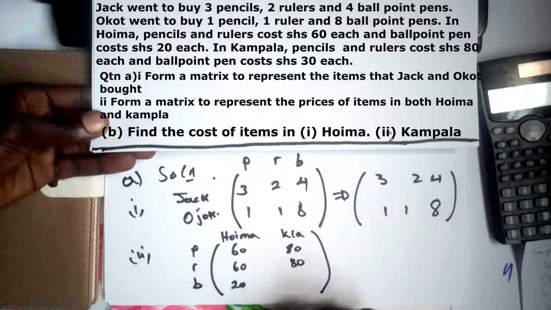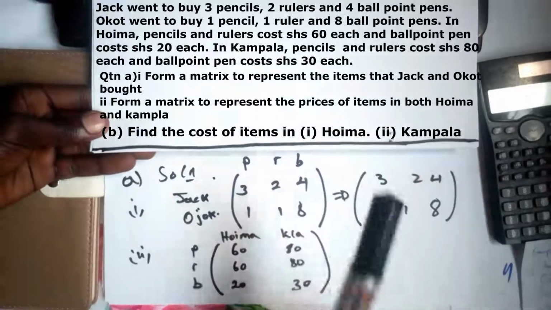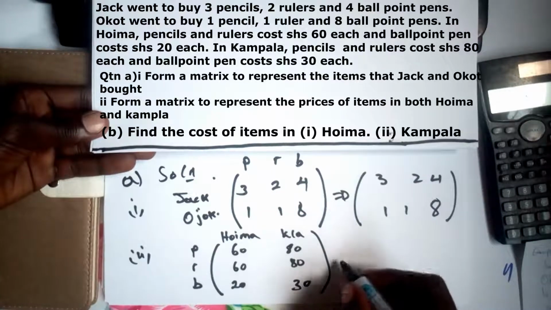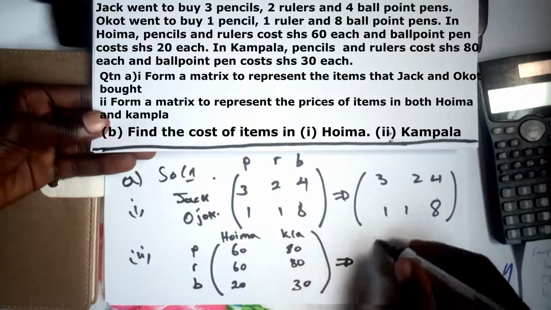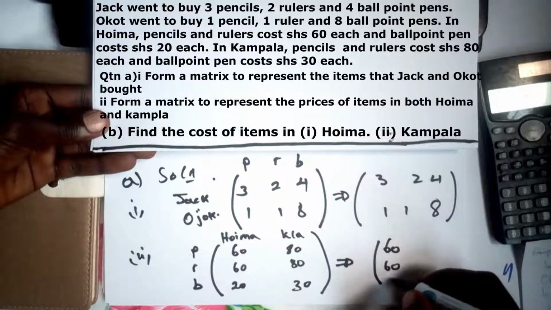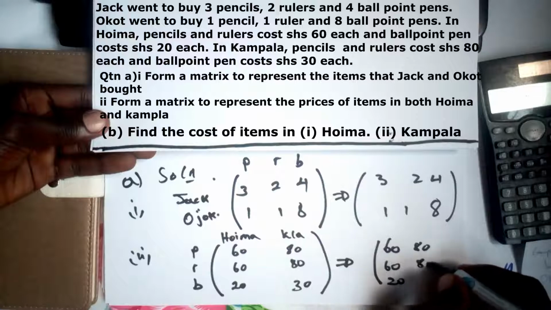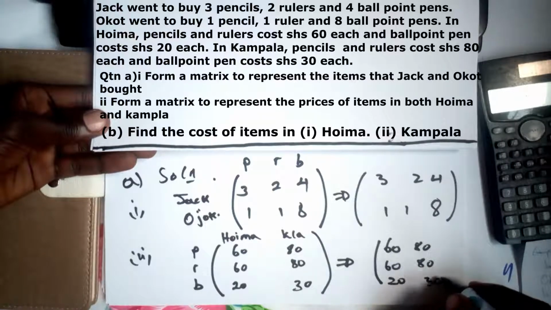Then the ballpoint pen is 30 shillings, if you look at the question critically. So this is the matrix that we need for the prices, representing the items in different cities.